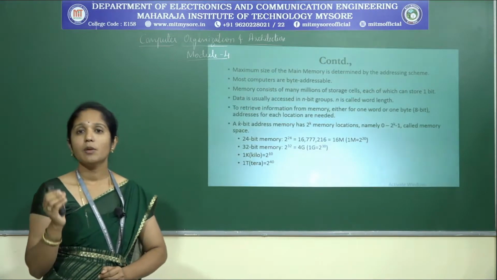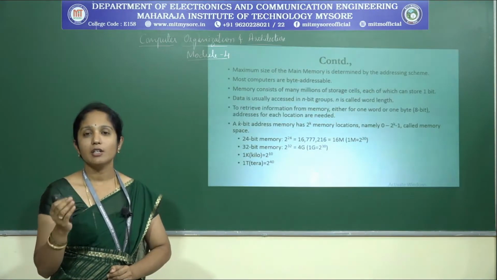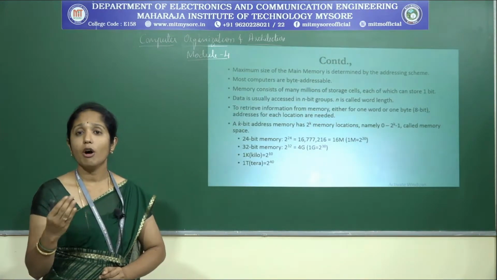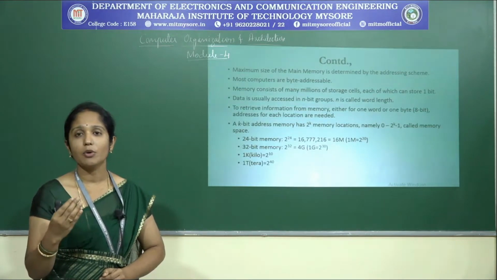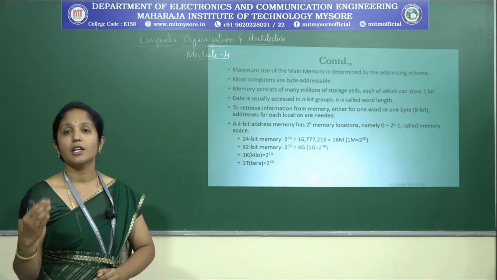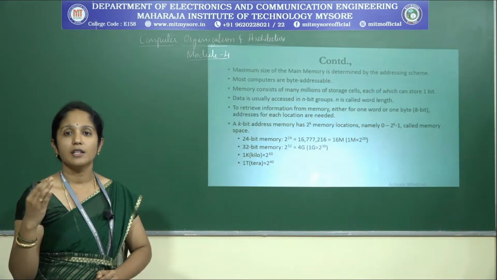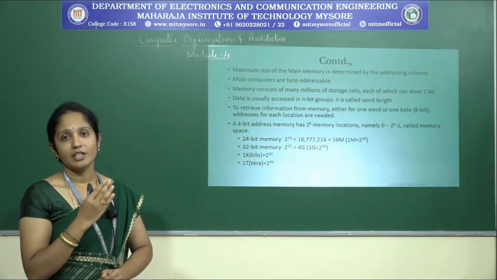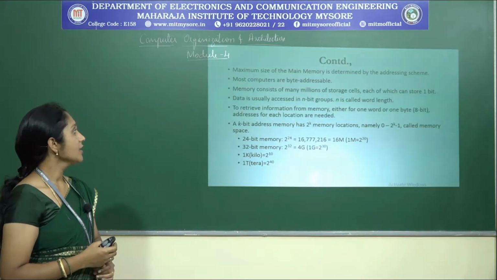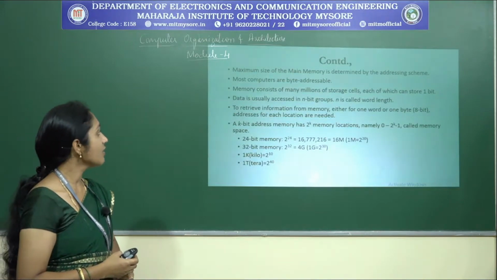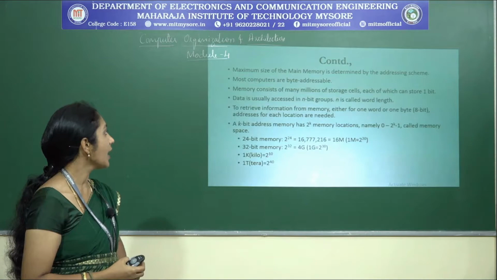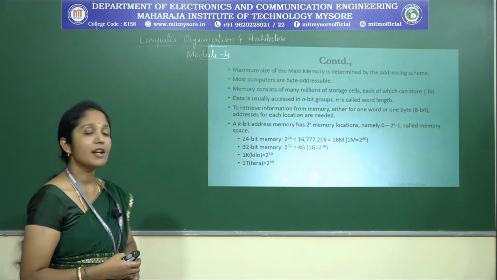So the minimum bits that are read or written from or into the memory in one memory access cycle is the definition of the word length of the computer. Next, the point is that to retrieve information from memory, either for one word or one byte, addresses for each location are needed.